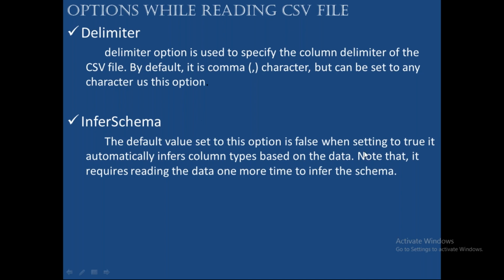But if you set it to true, it automatically infers column types based on the data. How is it going to identify based on the data?